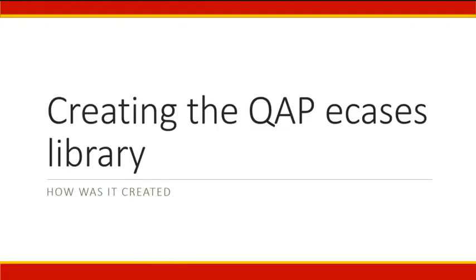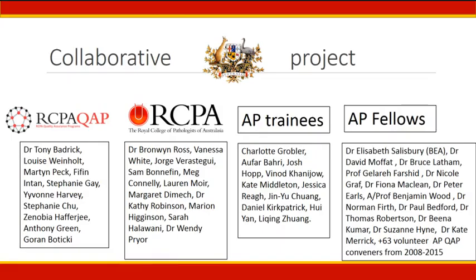How did we create this library? The answer is, with the help from a lot of people. It was a collaborative project between 10 QAP staff, 11 RCPA staff, 10 voluntary RCPA trainees, 14 current QAP conveners, and 63 past QAP conveners from 2008 to 2015.